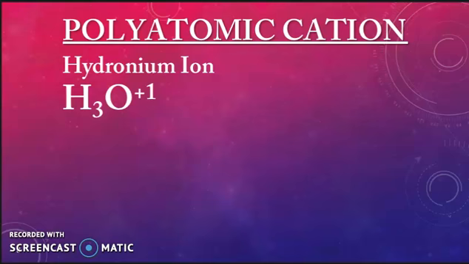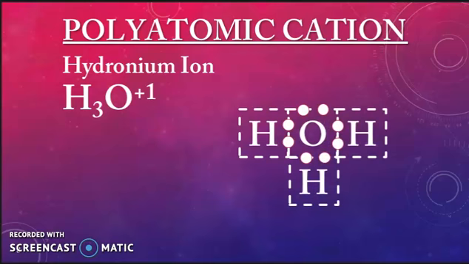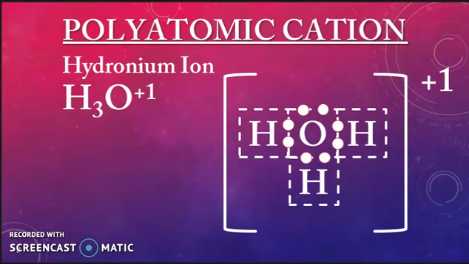This is kind of like water, but it's going to look a little different. Instead of having just H2O, it's actually going to have an extra hydrogen, and we still have the oxygen in the center. So just like the ammonium ion, we have to put a bracket around it and call it a +1. But again, this is only one of the few polyatomic cations.